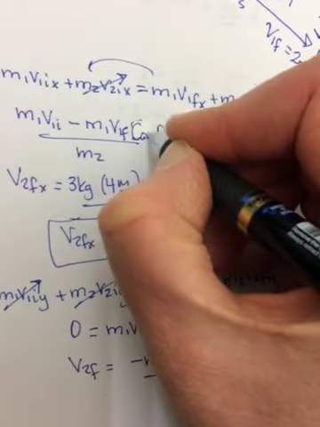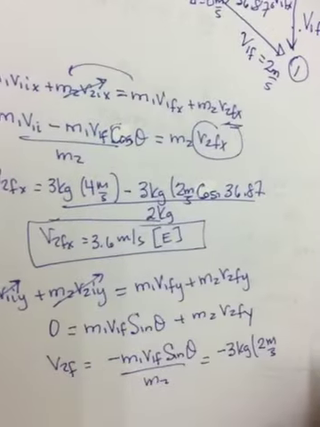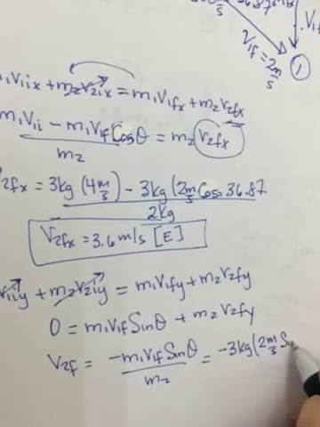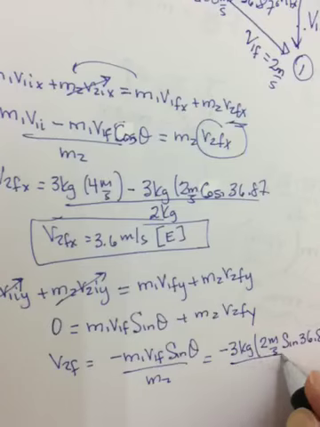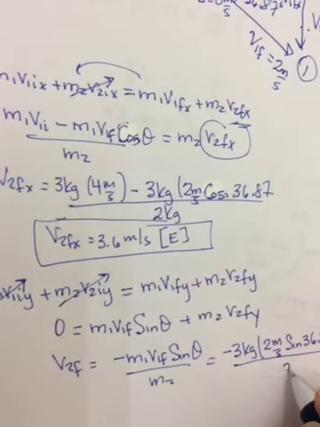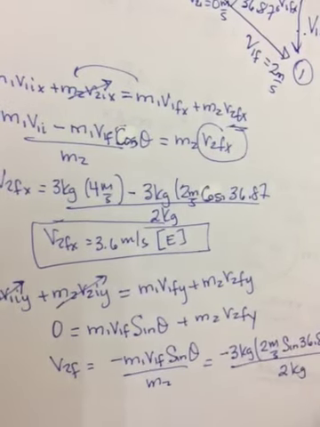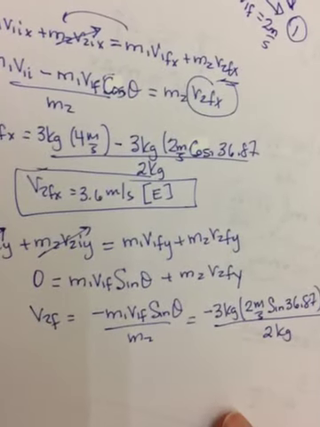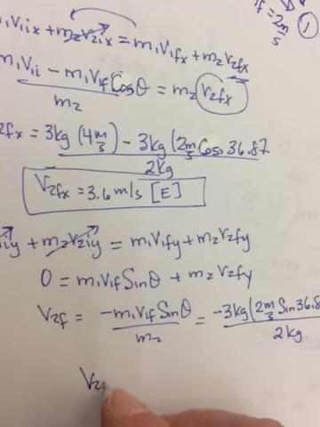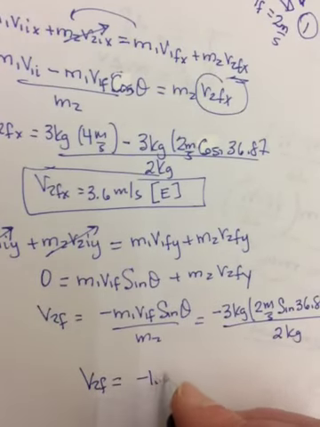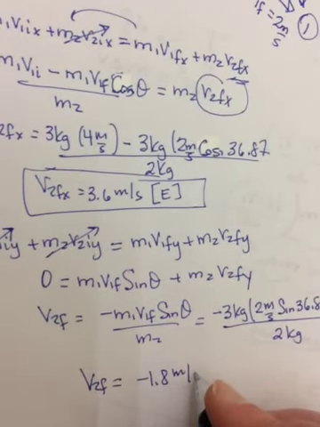This is cos. And then sine of 36.87 divided by M2, which was 2 kilograms. 0.6, 1.2, 3.6 divided by 2, 1.8. Negative, that's what I should have done on the top, and I would have found my mess up.